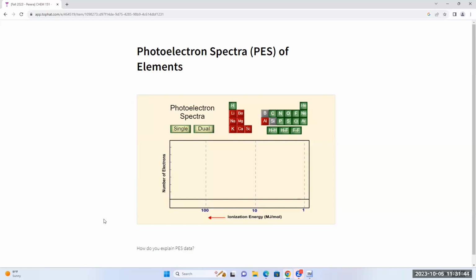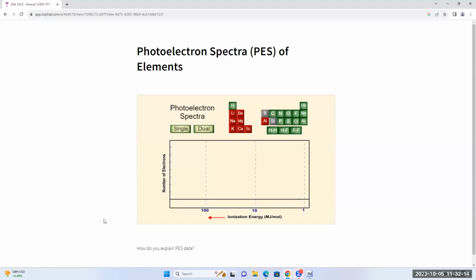The thing about photoelectron spectroscopy is it gives you the ionization energies of all the electrons of an atom, not just the first one. I want you to pay attention to a few things here. On the y-axis of the photoelectron spectrum, we have the number of electrons, and on the x-axis, we have the ionization energy.